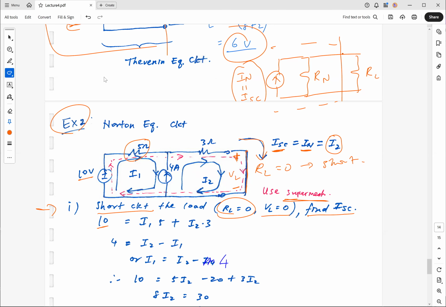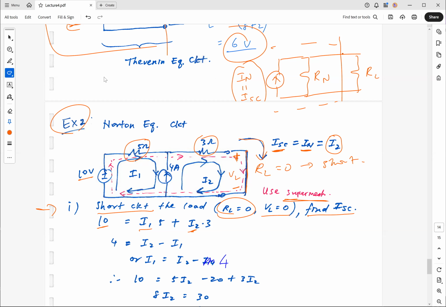And since I know there is this current stuck in between, I have to move to the other loop. So I use I2 times 3. So I have I1 times 5 plus I2 times 3, those are the two voltage drops.